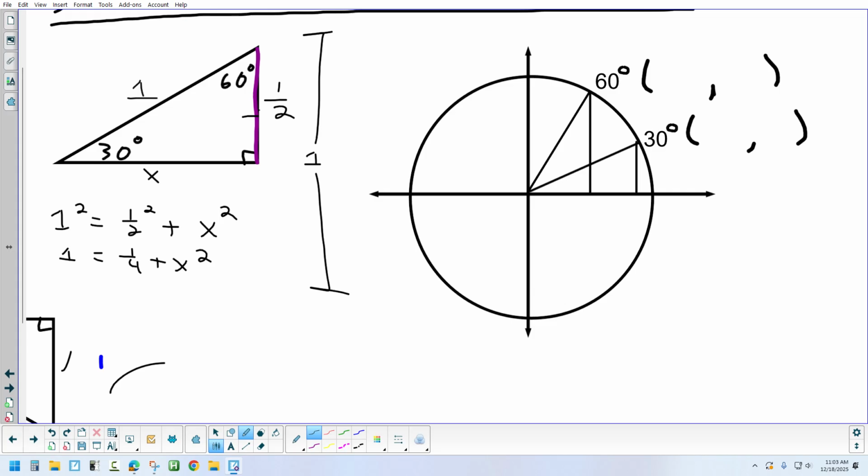Subtract 1/4 on each side. And what would that give you on the left? 3/4. So we have x squared equals 3/4, and what would our last step be? Square root each side. We take the square root of the top and the bottom separately. So square root 3 over square root 4 equals x.